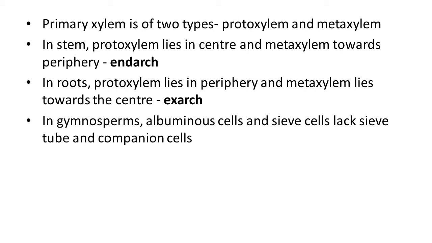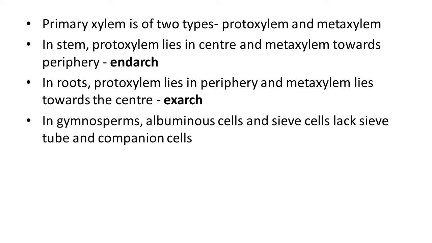This type of organization of primary xylem is known as endarch, which we are going to study further in the next topic of the same chapter. In the structure of root, protoxylem lies in the periphery and metaxylem lies toward the central region. This type of arrangement of primary xylem is the exarch type of arrangement.